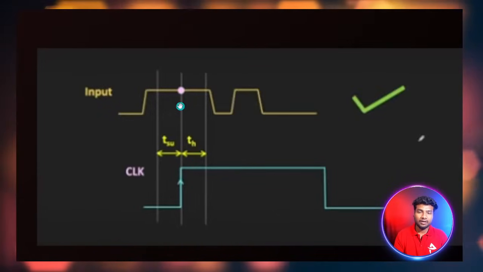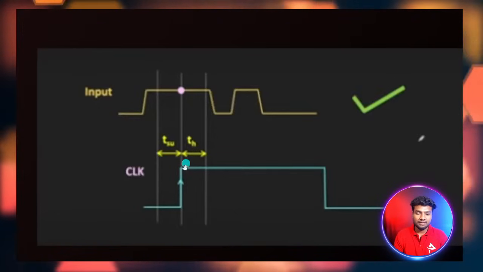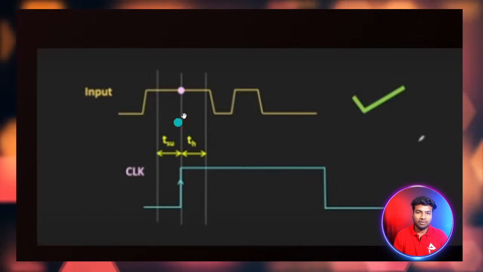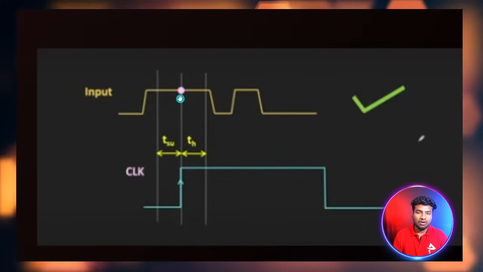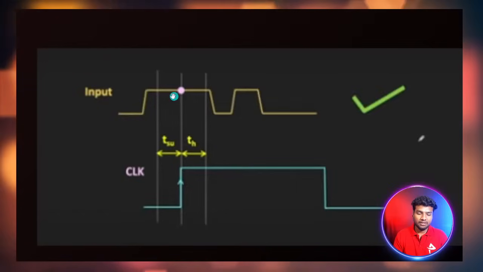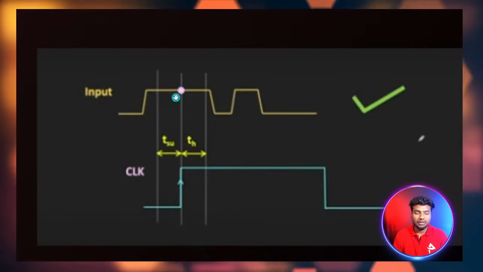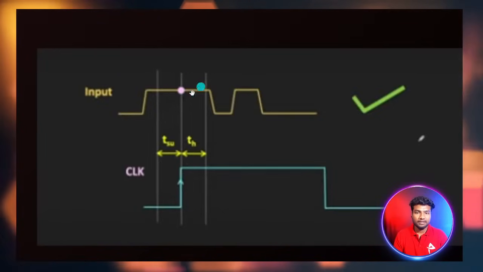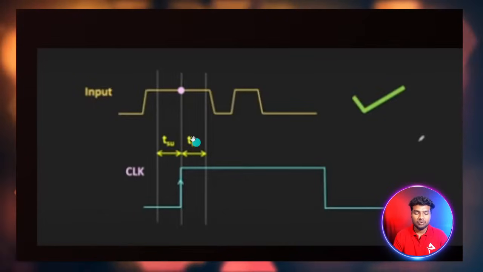While giving input to the D flip-flop, before the edge and after the edge, the D input value must be stable. It must be 0 or 1. Here you can see it is staying in the high only. High means logical high, it will stay high.